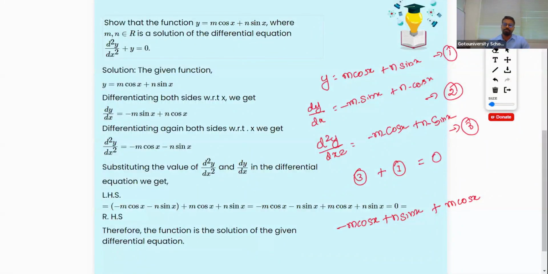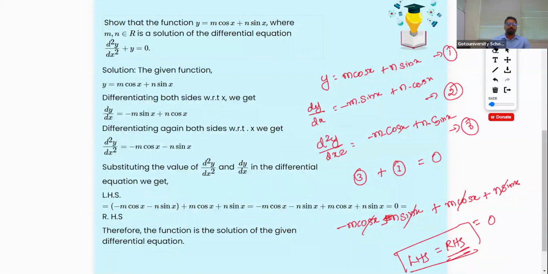Yeah, this has to be minus n. This will be minus, then this will be plus n sin x. So what happens is everything cancels. We end up with 0, which is equal to what? The right hand side of the equation. So LHS is equal to RHS. That means it is proved that y is equal to m cos x plus n sin x is the solution for the given equation.